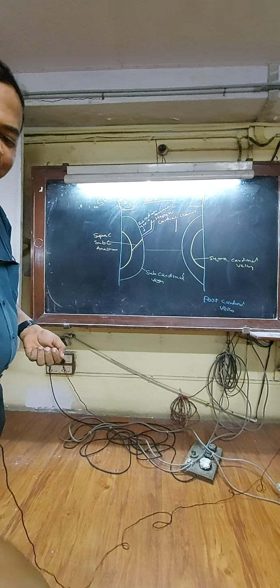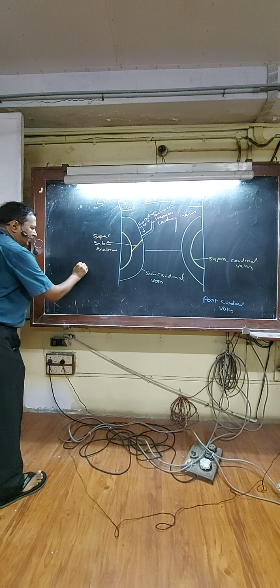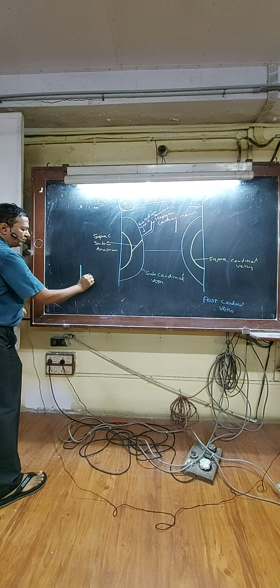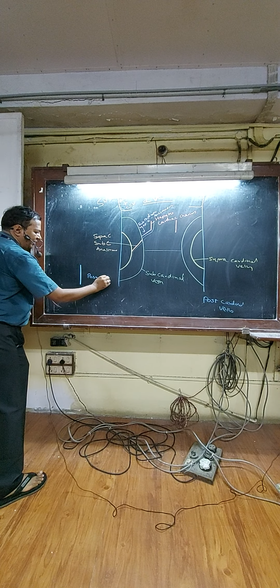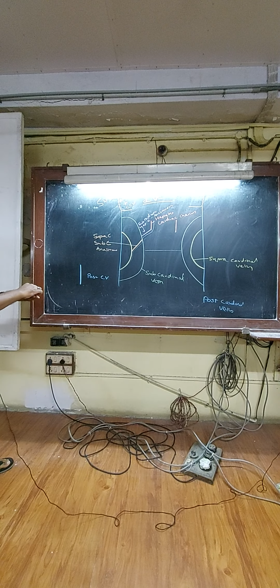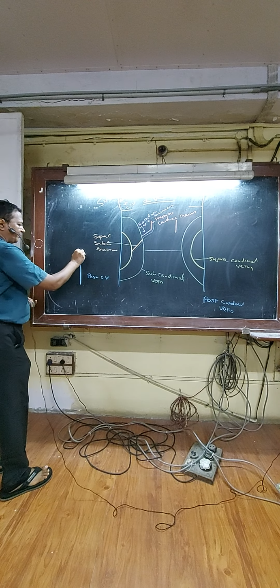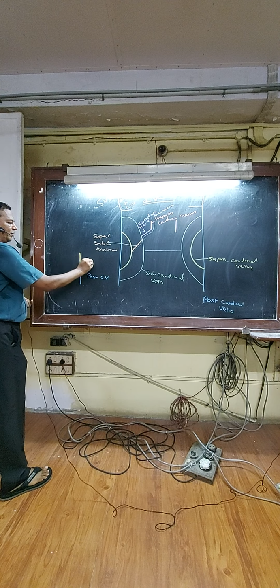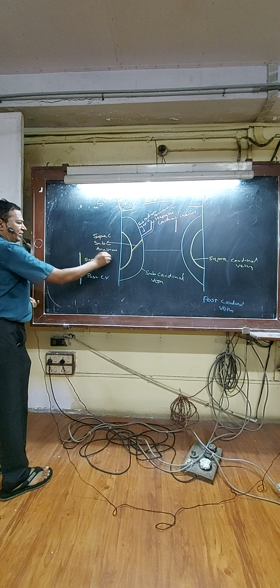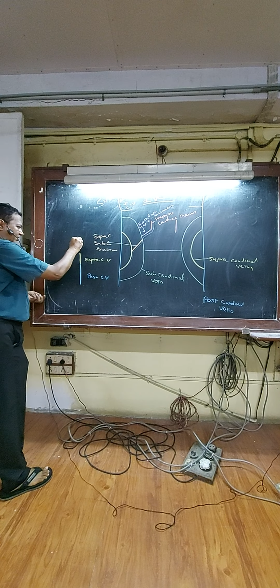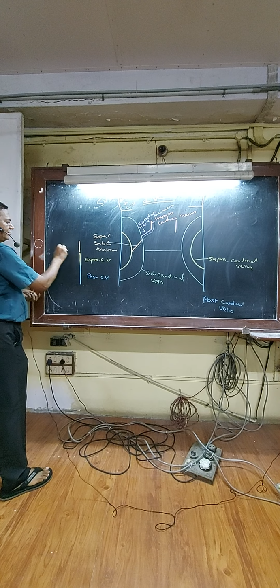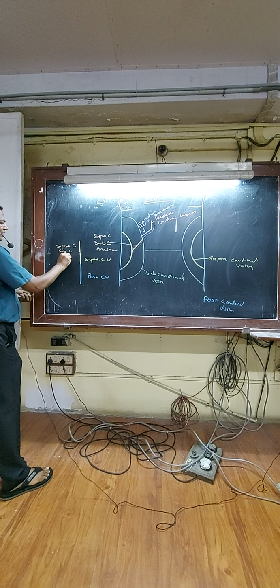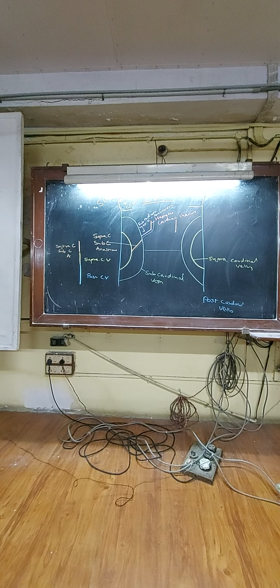So the lowermost portion of the IVC is formed by what is blue? What is blue? Posterior cardinal vein. Then what is yellow? Yellow is supracardinal vein. Then supracardinal, subcardinal anastomosis.